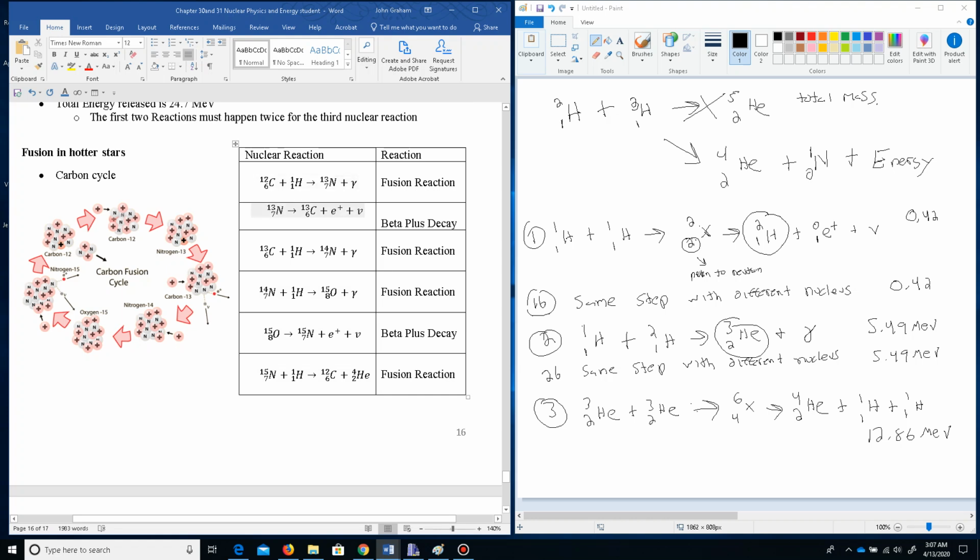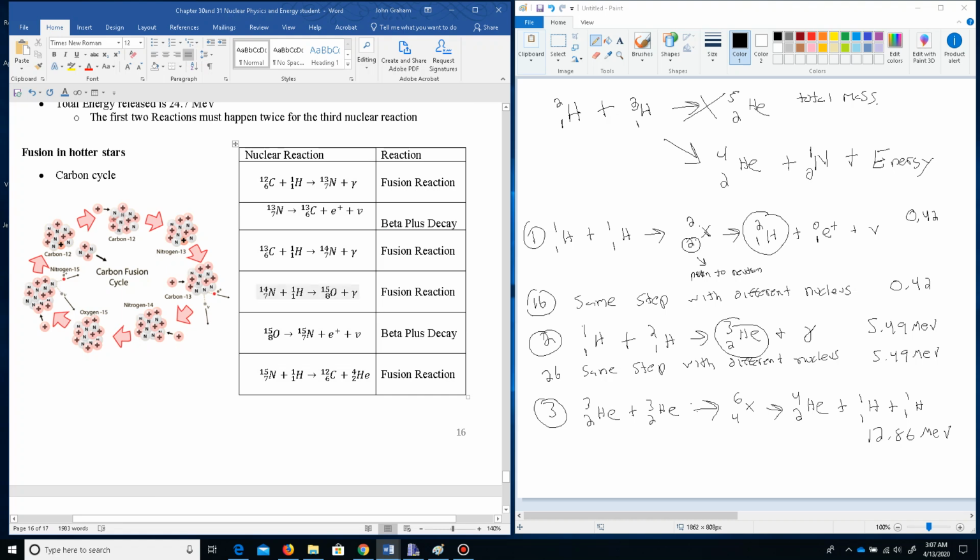Then that nitrogen will go through a beta plus decay to get back down to carbon, and it releases a positron and a neutrino. So we get beta plus decay. Then that carbon will react with another hydrogen, and this will give you now a stable nitrogen nucleus, and you get more energy release, so you get a fusion reaction.